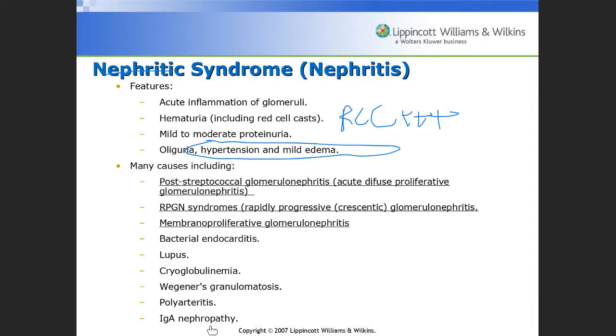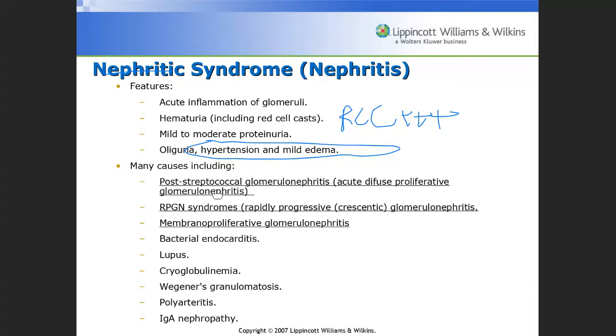Easy to think of, again, within the nephritic, there are two groups. Look at post-infection. Let's think of it as antibody-mediated. It's going to fix complement, and C3 and C4 are going to be very low. So you think of that as post-strep or acute glomerulonephritis. That's the acute one.